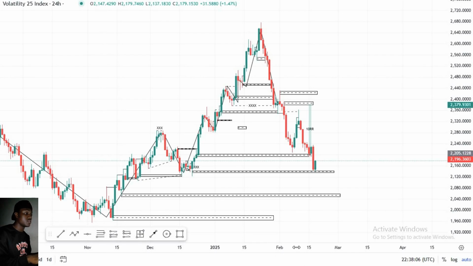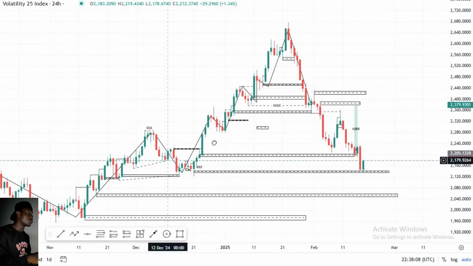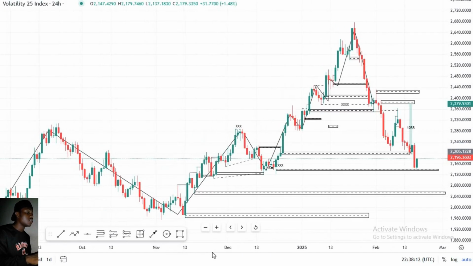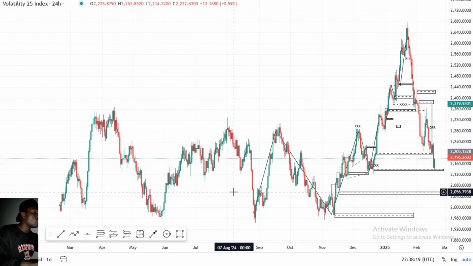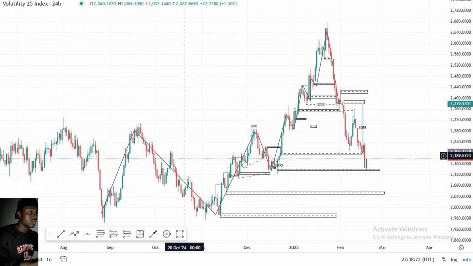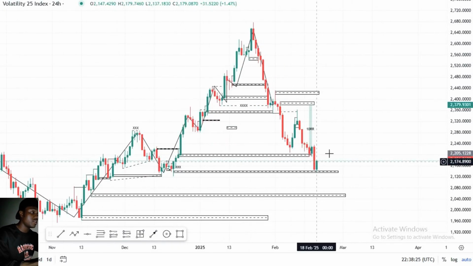As you can see, this is the overall structure. It's been bullish for a while, so I'm thinking about going short, anticipating it to keep on selling.